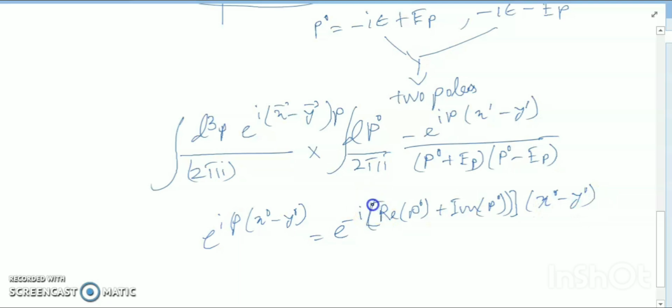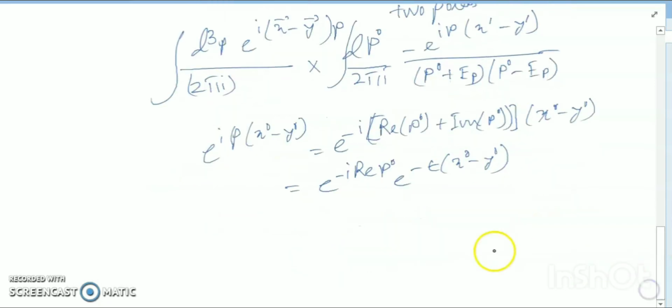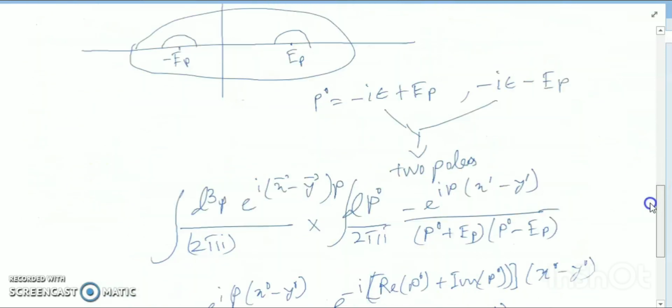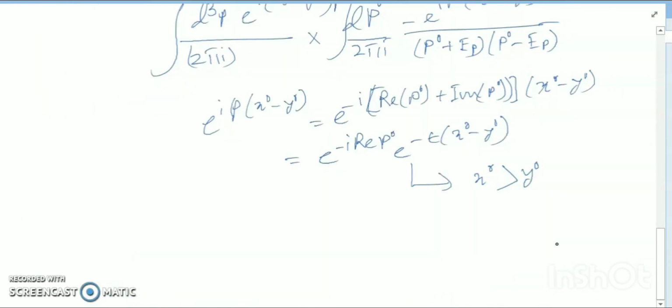The imaginary part gives e to the power minus epsilon (x0 − y0). This is convergent only if x0 is greater than y0, so this is my condition. I have already said that if x0 is greater than y0, then it is convergent.